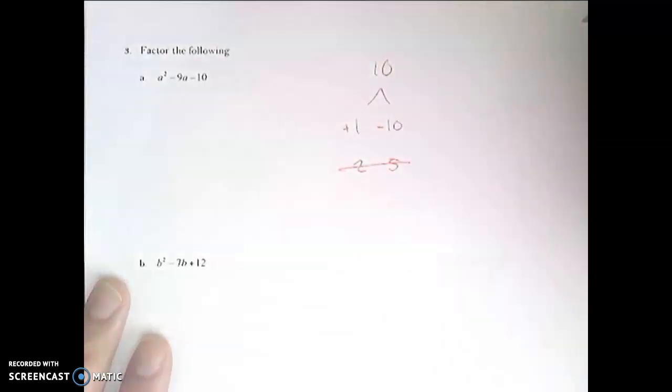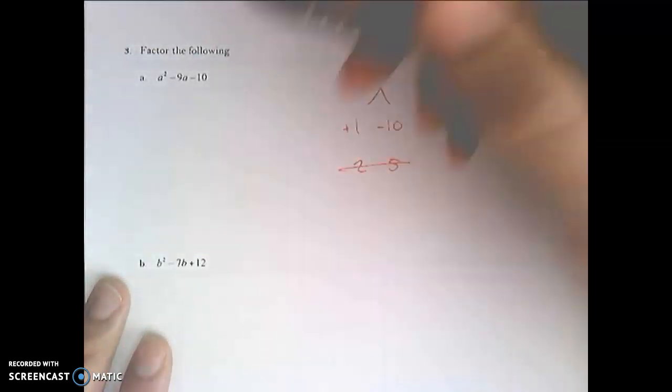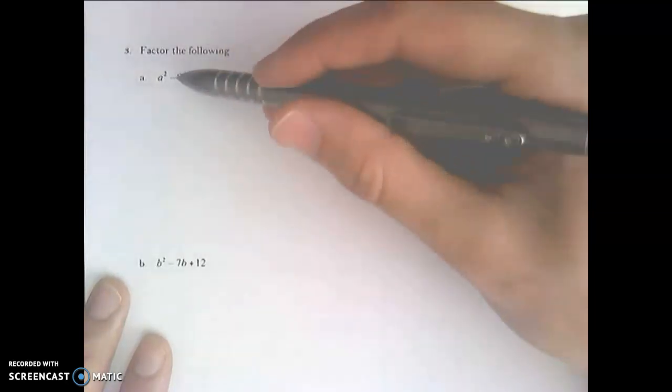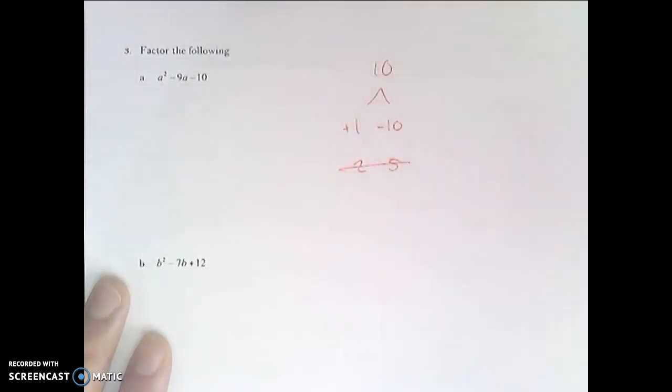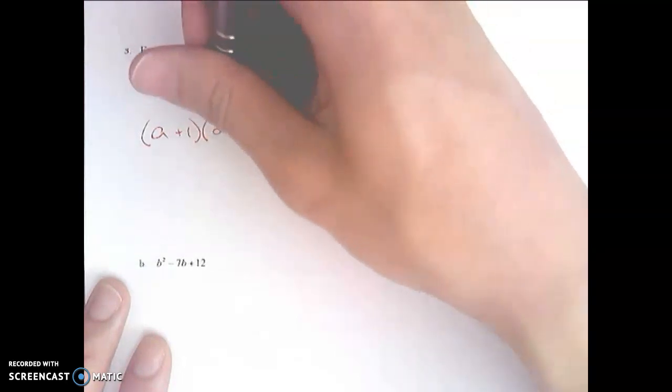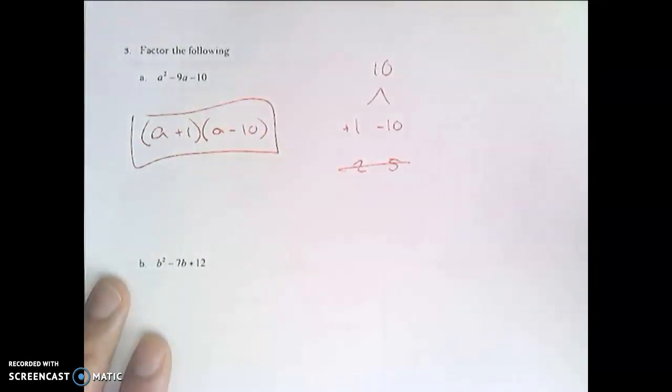A positive 1 and a negative 10 does give us our negative 9. Again, the sign has got to be negative 9. So then our factors are a plus 1 and a minus 10. And you can go back and double check, FOIL this out, and see if you get this.